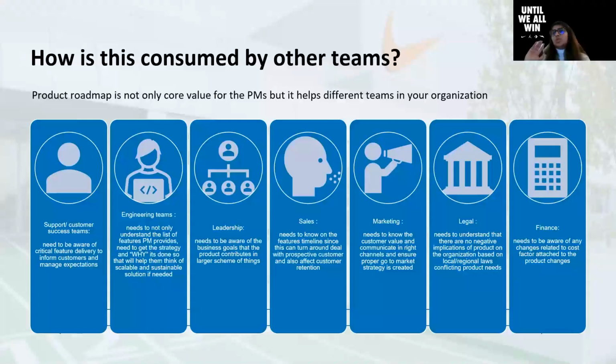And legal. I would say legal and finance is more of a reactive approach. It's not something that they are part of in the road mapping process, but as a product manager, you need to think already if there are any legal or financial implications of any changes that you make in the product. So you need to ensure you're circling back with these groups to ensure there is no potential risk in your product.